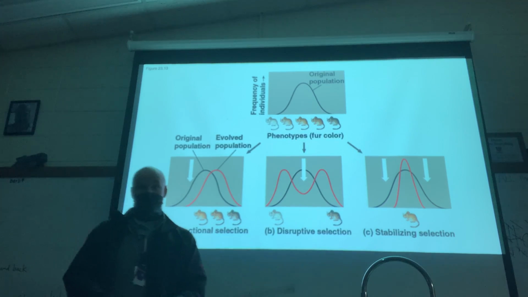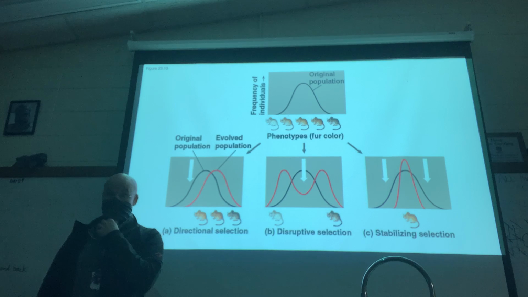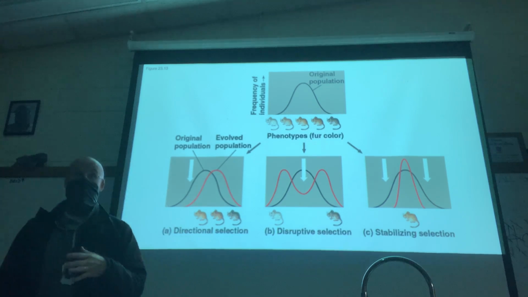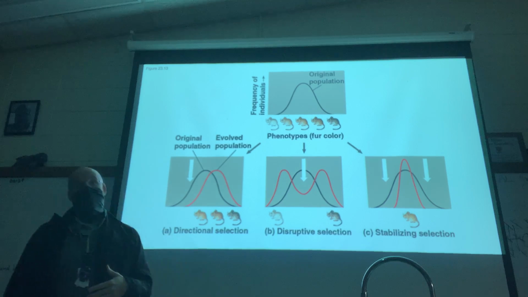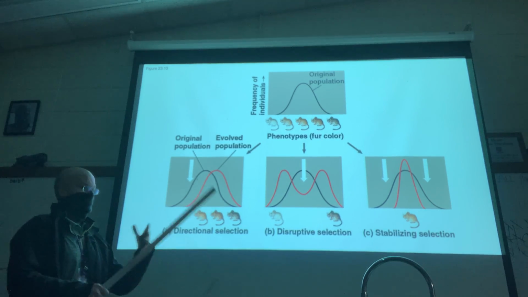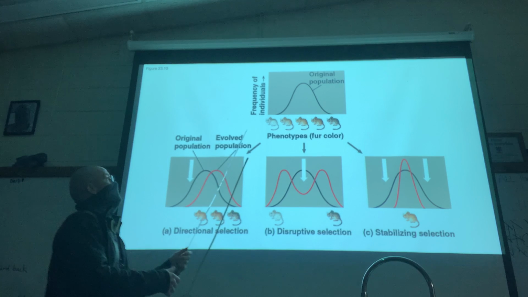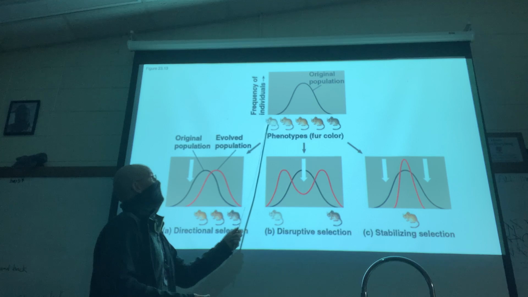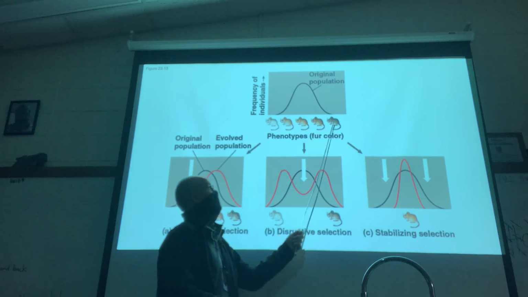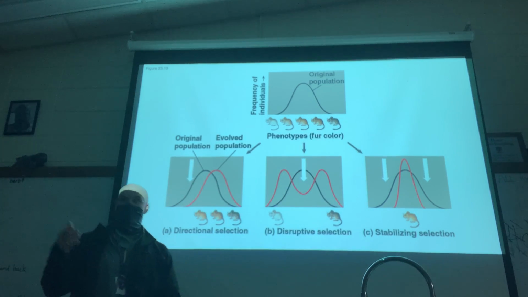And in this case, we're looking at mice. And this is another good example of thinking about fitness as opposed to strong or big. Here we have mice of different fur colors, from very light to a darker fur color and some in between.